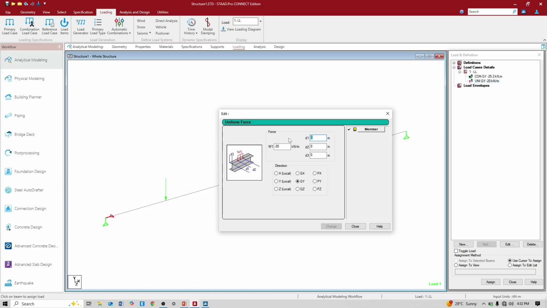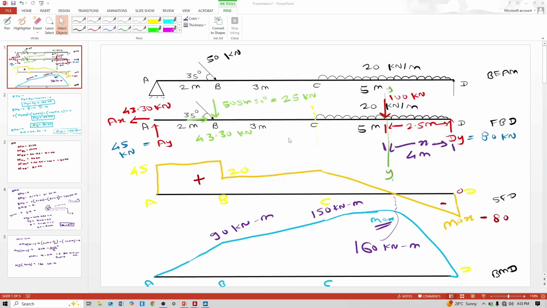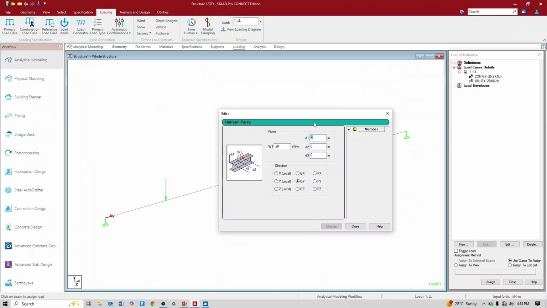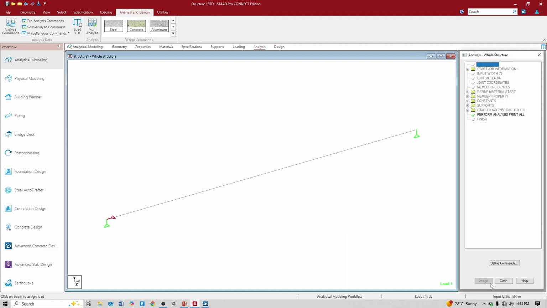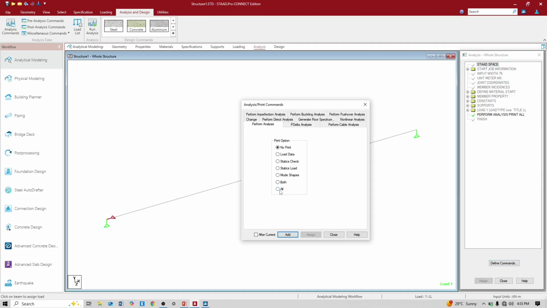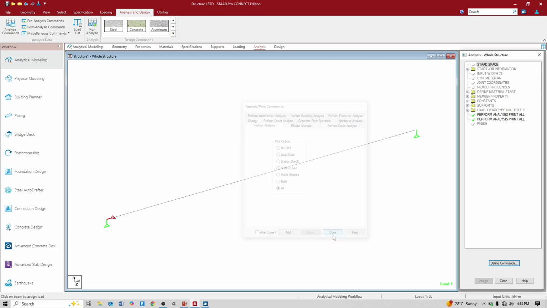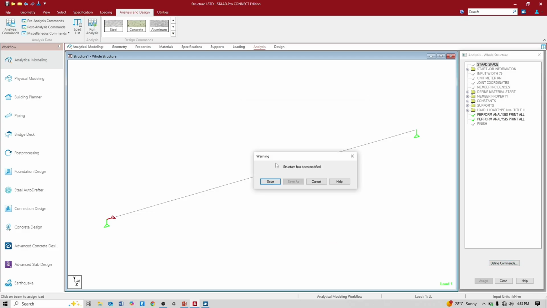D1 is 5 and D2 is 10. So analyze this beam.